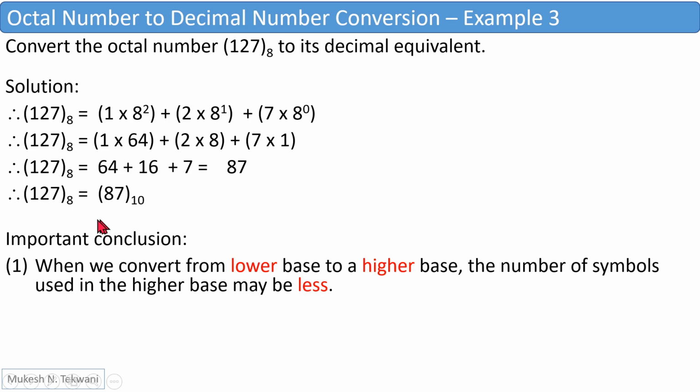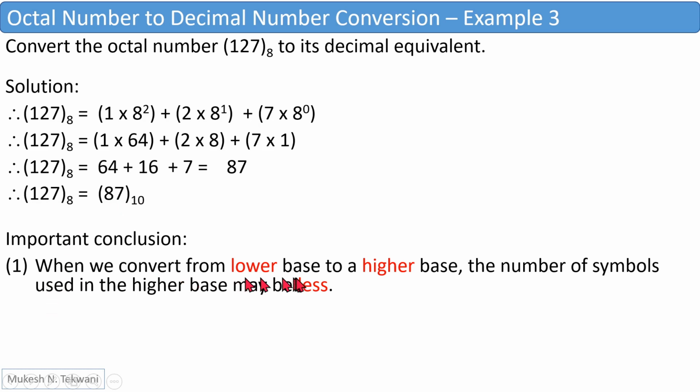When we convert from a lower base to a higher base, so we went from a lower base 8 to a higher base 10, the number of symbols used in the higher base we found is less. When we were in base 8, we were using 3 symbols to represent this number. But when we went into a higher base like base 10, we were using only 2 symbols.